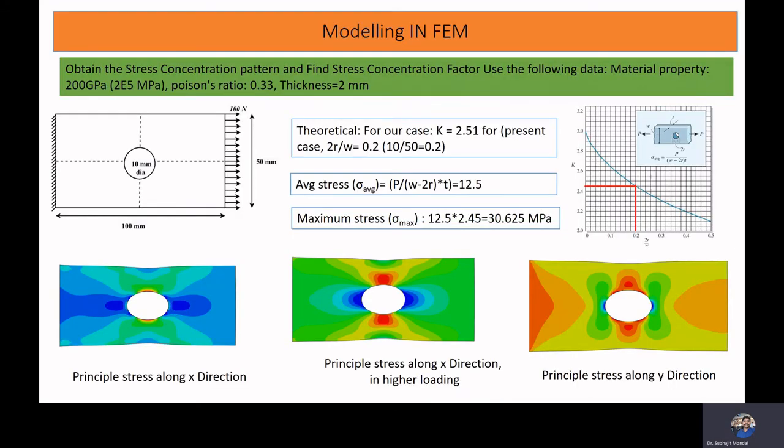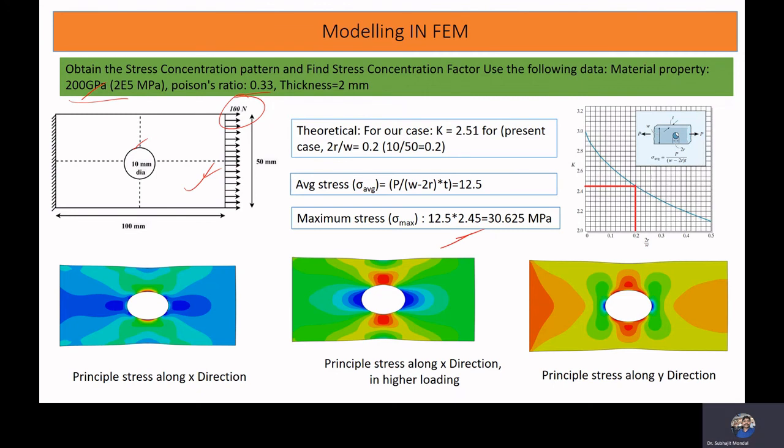Now in this laboratory class, we are going to model a plate made of steel, with Young's modulus of 200 GPa and Poisson's ratio of 0.33. This is the geometry, and a 100 Newton load is applied here. We are going to find the stress concentration factor for this plate.